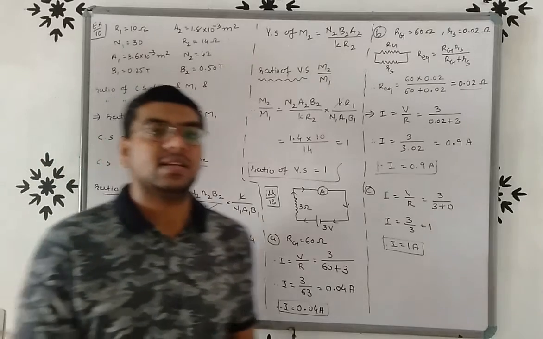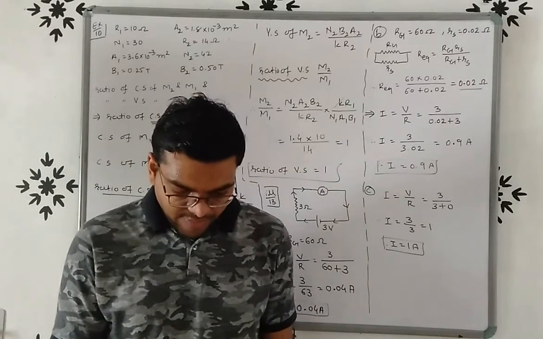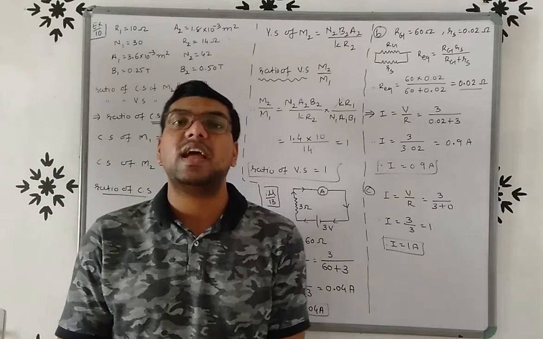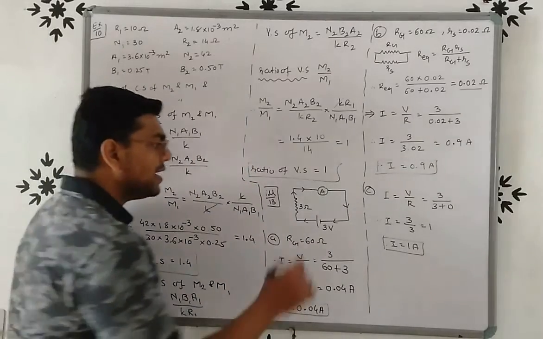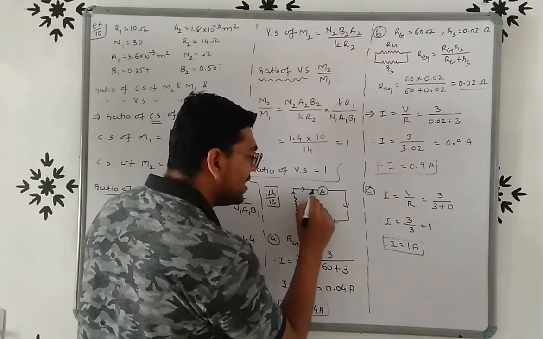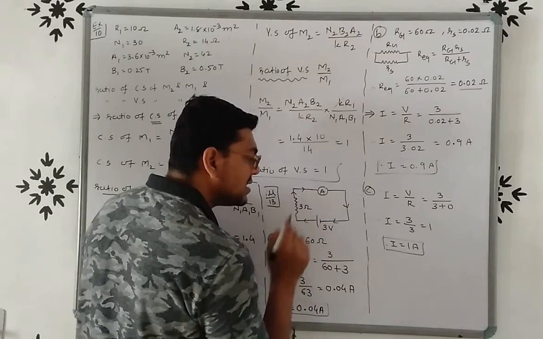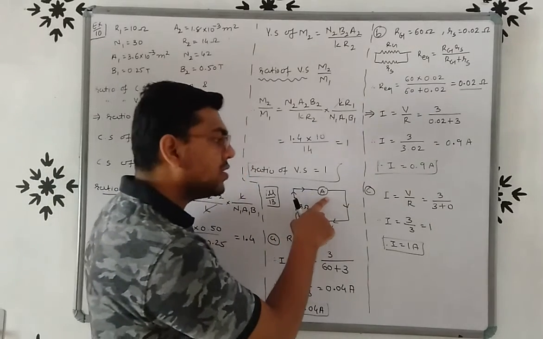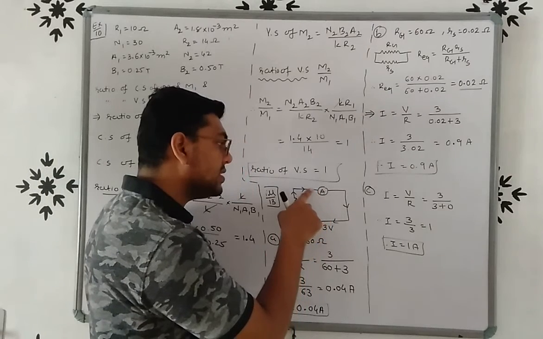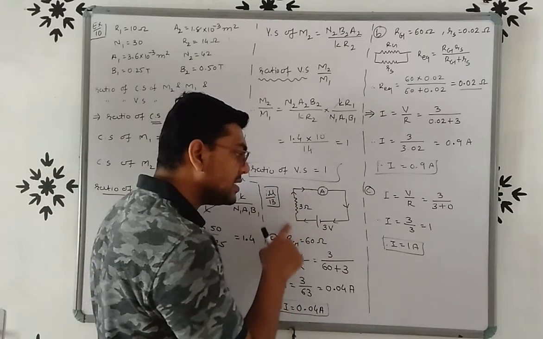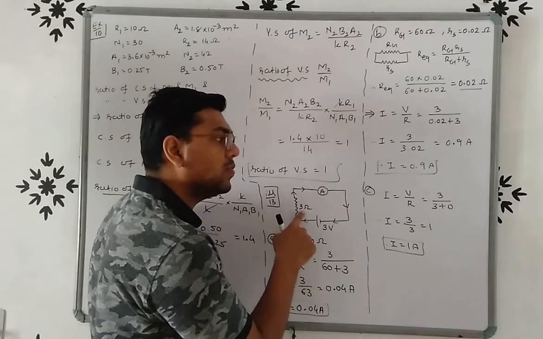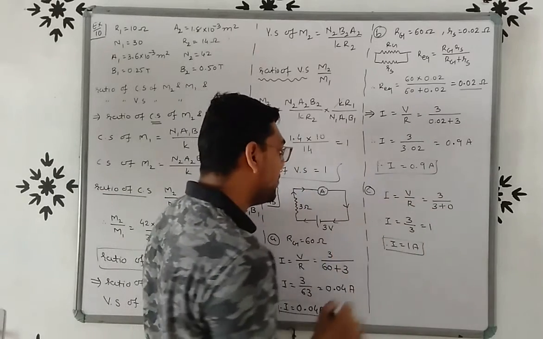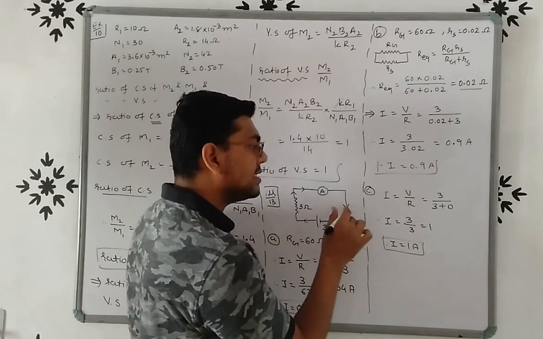Once again friends, in case C, if an ideal ammeter with 0 resistance, so this ammeter having a resistance 0, but as shown in figure, this ammeter is in series with this resistance. So resistance of ammeter 0, but it is in series with this resistor having resistance 3 ohm. So once again I is equal to V by R. So 3 upon total resistance.